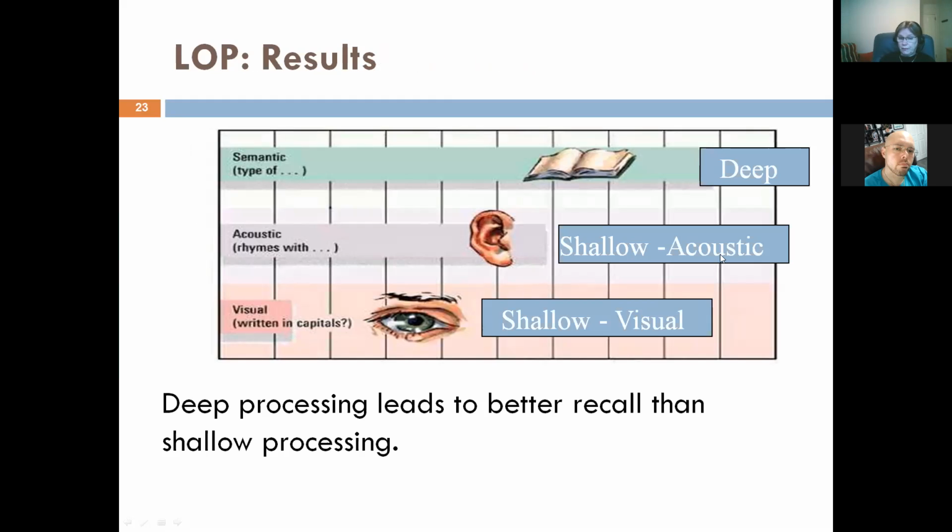If you ask people to think about whether they rhyme, you're going to get much better, about 57%. But if you tell people to think about the meaning of the words, then they're almost 90%. So you can see that from 12 to 80-something, 90, it's a huge difference.